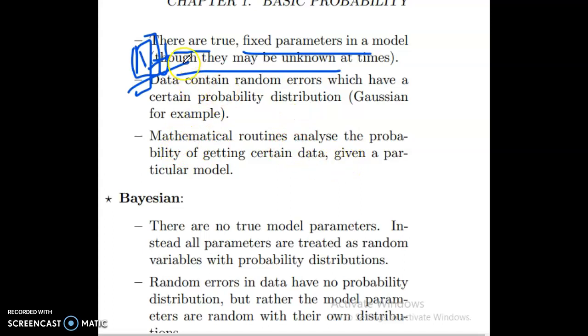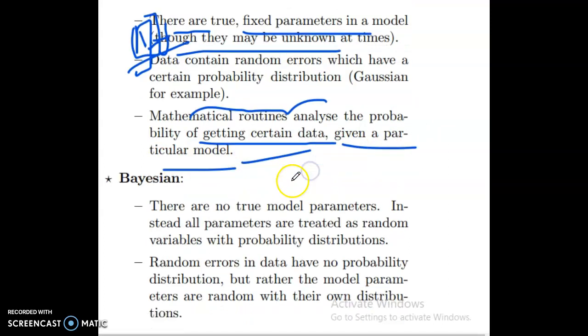Mathematical routines analyze the probability of getting certain data given a particular model.